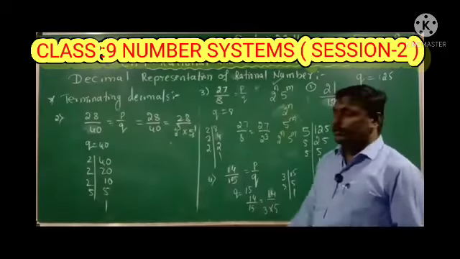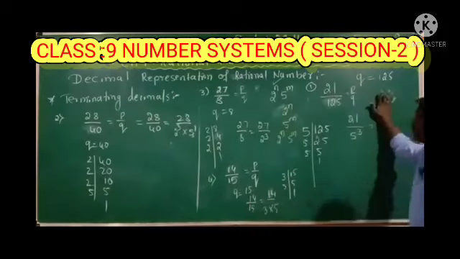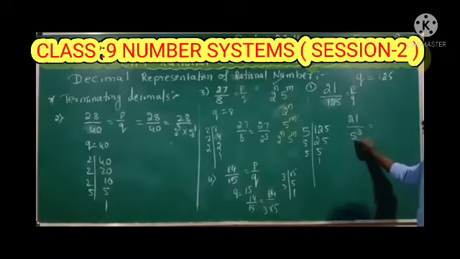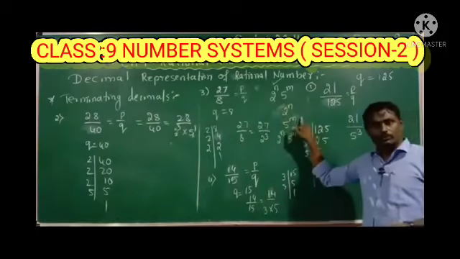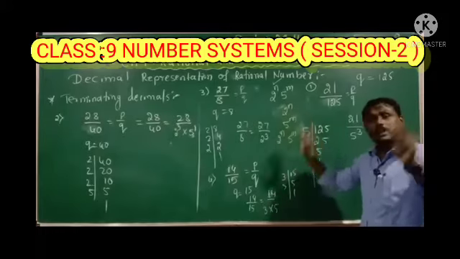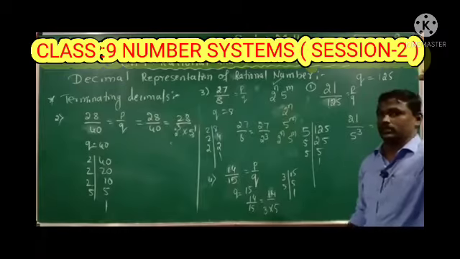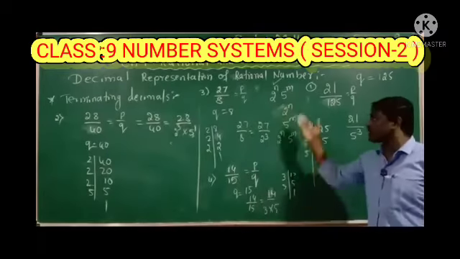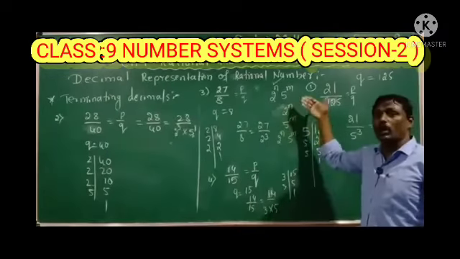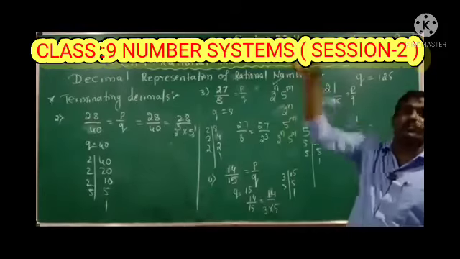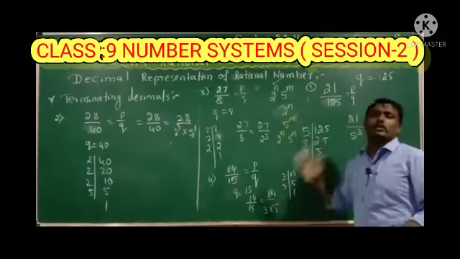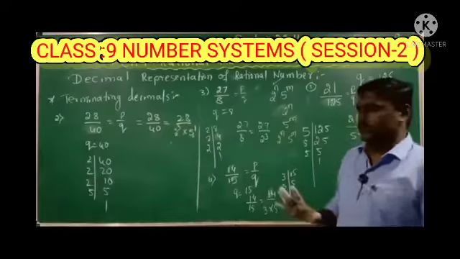Clear? Here n and m are any natural numbers, any positive integers. You can take any positive integers here. It may be 1 or 2 or 3 or 20, 40, 50, whatever it may be. N and m are positive integers. Okay.